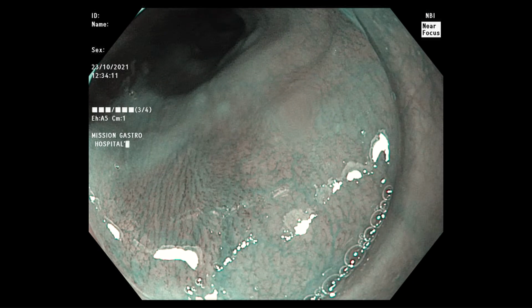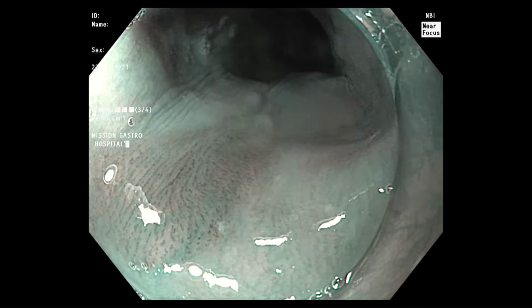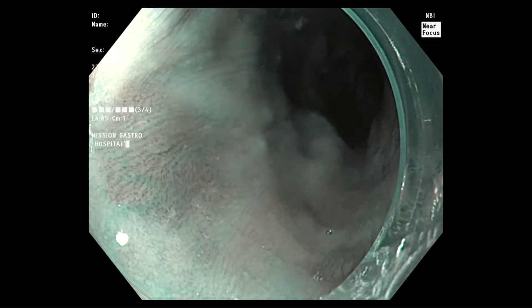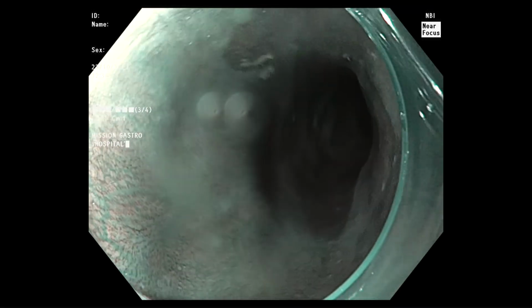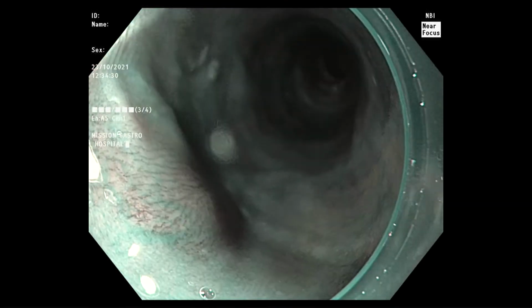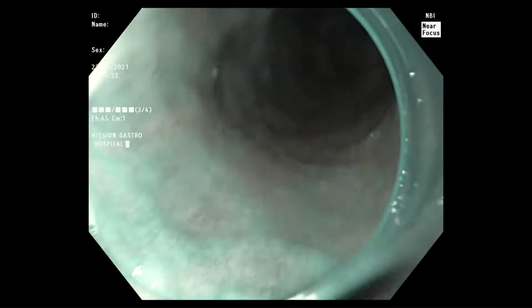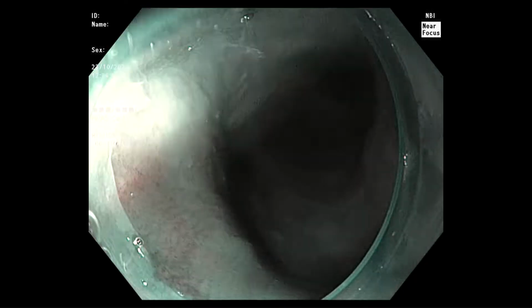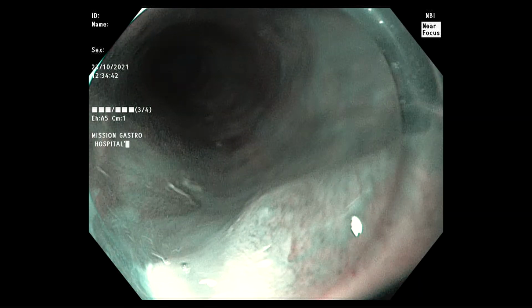Little more, can you get it this way, onto it. In focus, yeah, that's good. A lot of muck sitting on it.